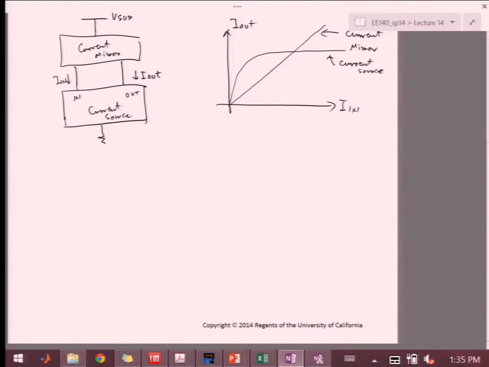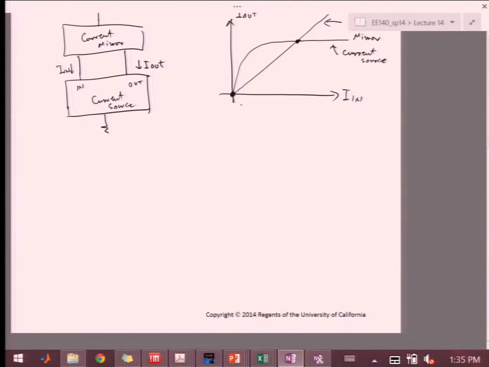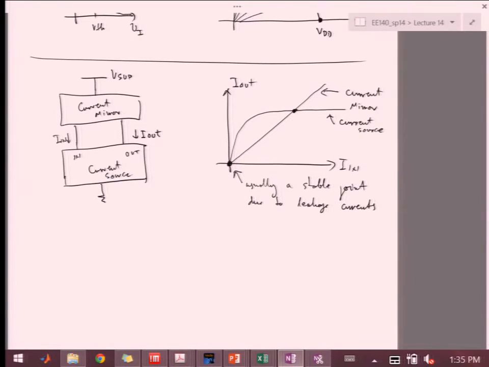So if you look at this curve, there are 2 points here that are the solutions or the stable points for this system. One is where everything is 0, and this is usually actually a stable point. Normally, if there were no leakage currents, this would be an unstable point because once you're hooked up to supply, you would stretch some voltages around and that will turn things on.